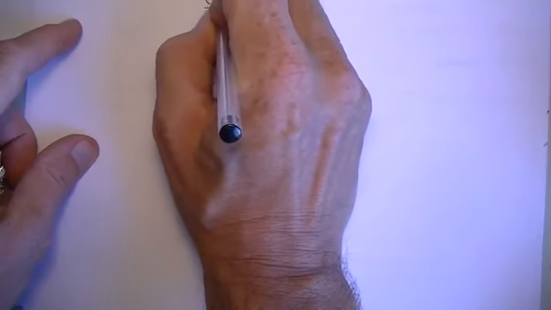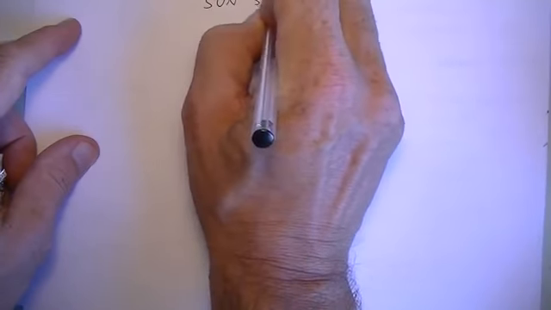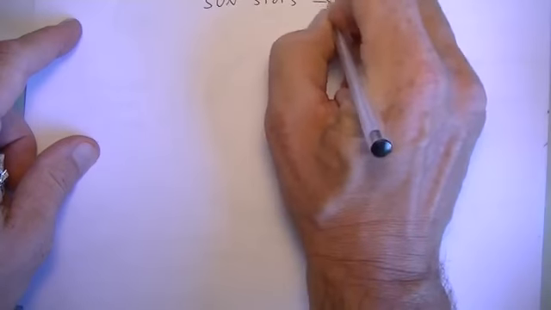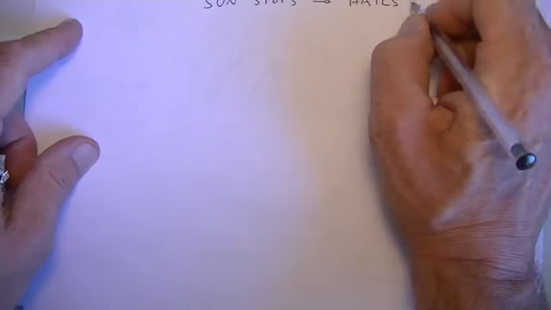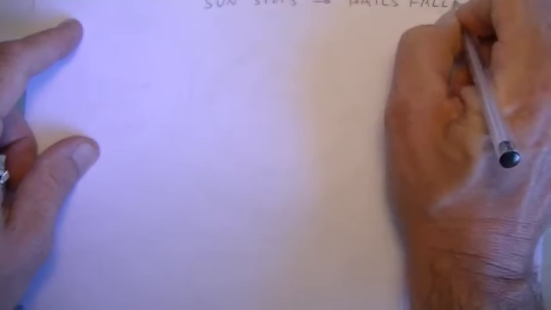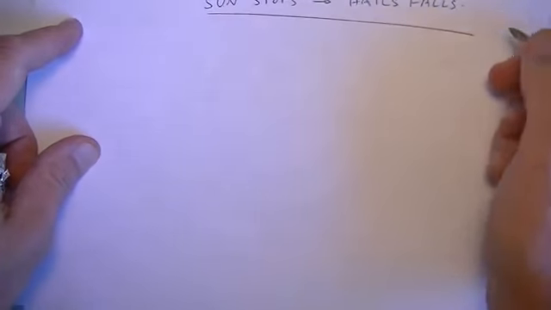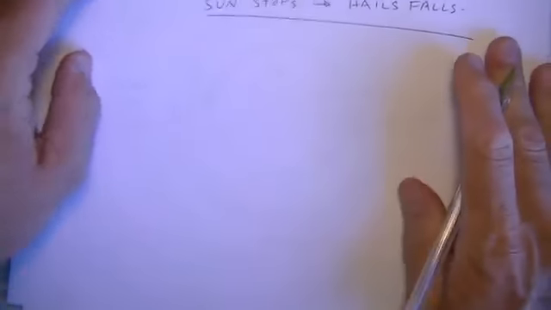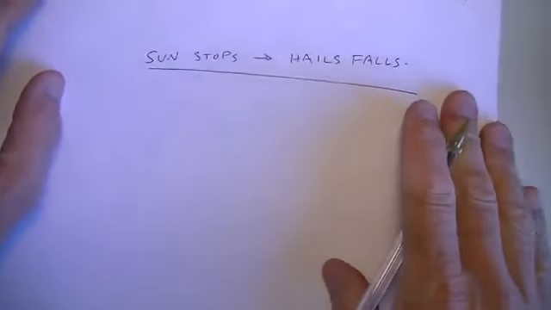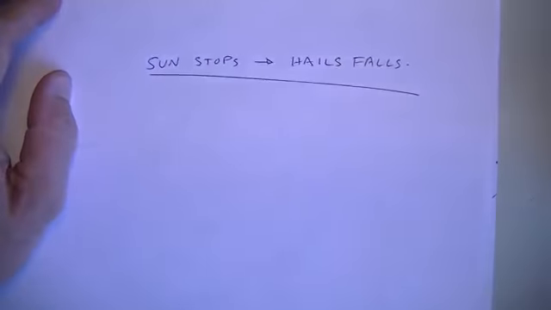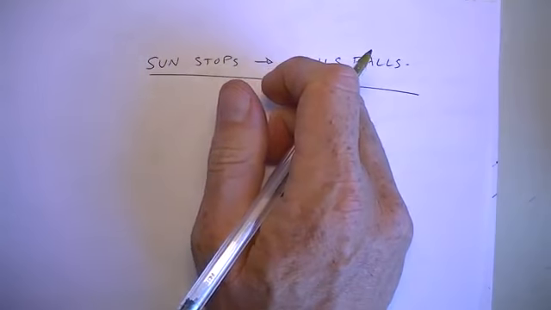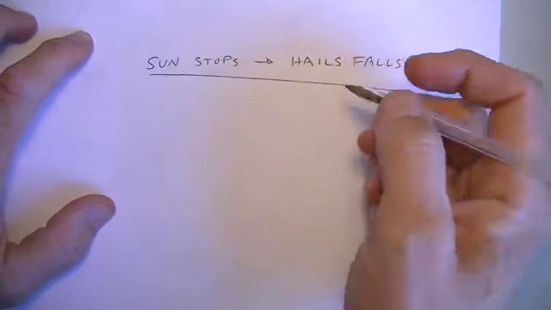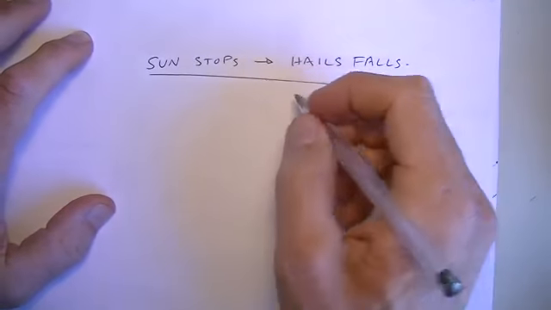If the sun stops, hail falls. There is the connection. If the sun stops, hail falls. If the sun stops again, you can conclude that it's very likely that hail will fall again.